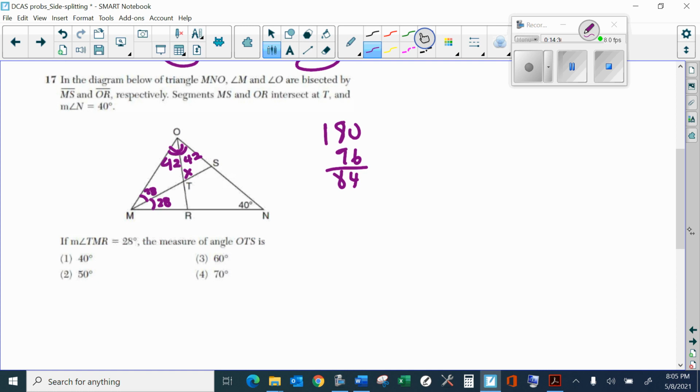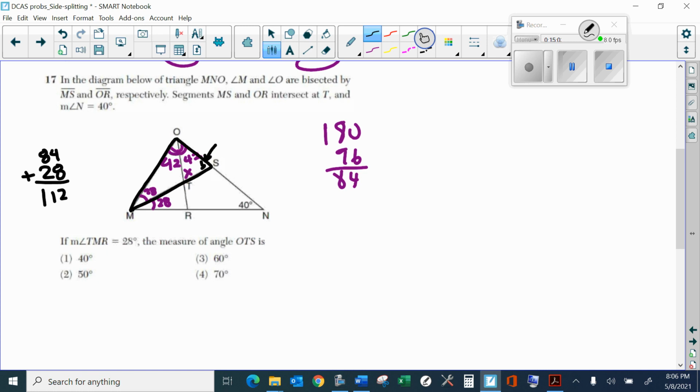So what do we have here? We have this triangle right here. We can get this angle OST because we have this is 28 down here plus the 84 plus we'll call that one Y has to add to 180. 112 is what that adds to. Subtract that from 180, it's 68.